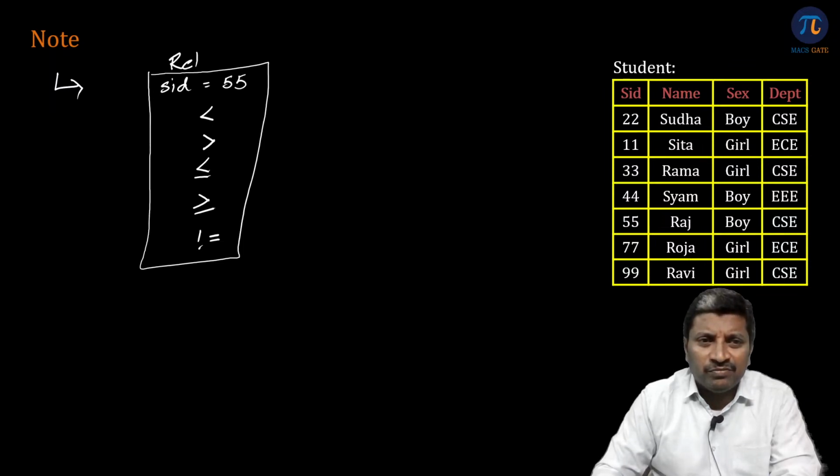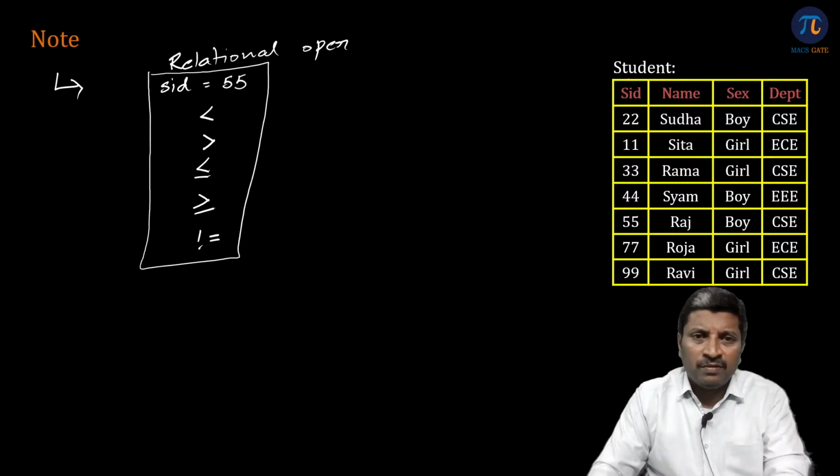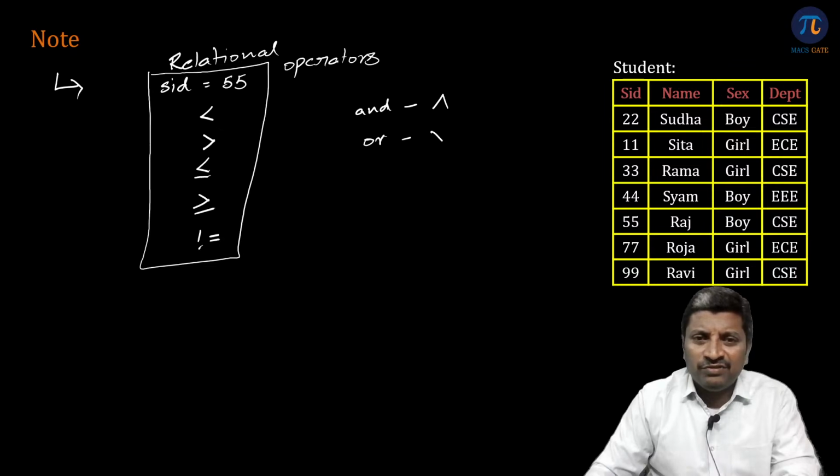Let me write it here. The relational operators which we can use are these. Then what are the logical operators? For "and" we use the conjunction symbol. For "or" we use the disjunction symbol.